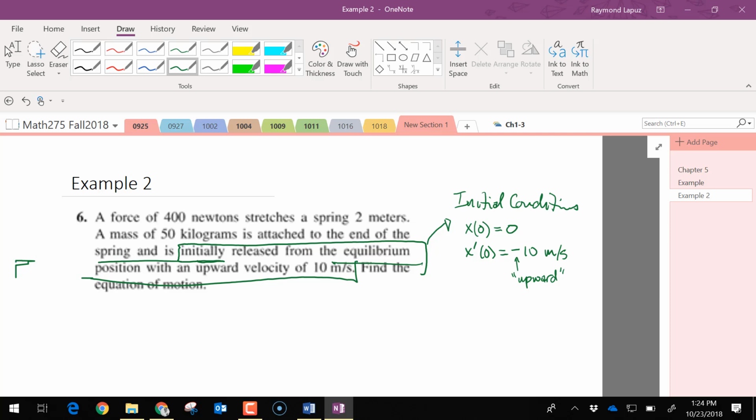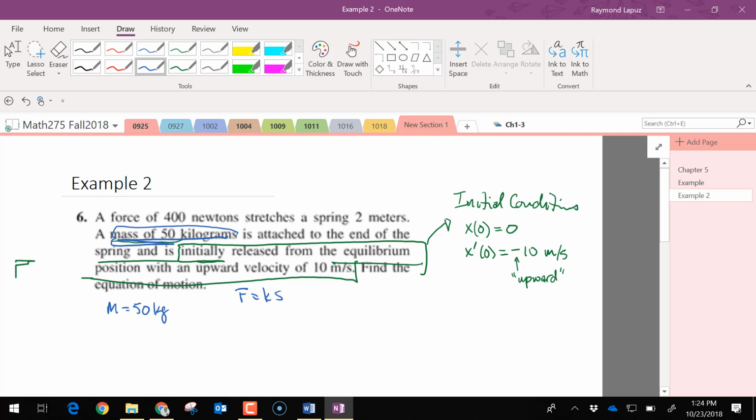All right. So our mass is 50 kilograms. That's probably going to be m, so m is equal to 50. Then the spring stretching 2 meters gives us some information about our K, the spring constant. Again, force is equal to Ks.